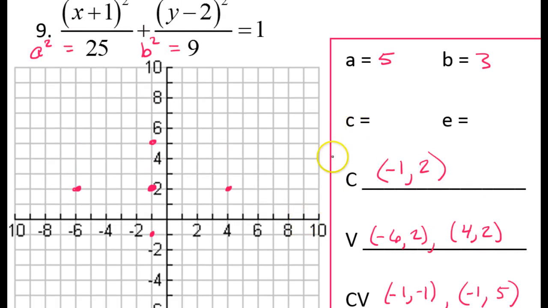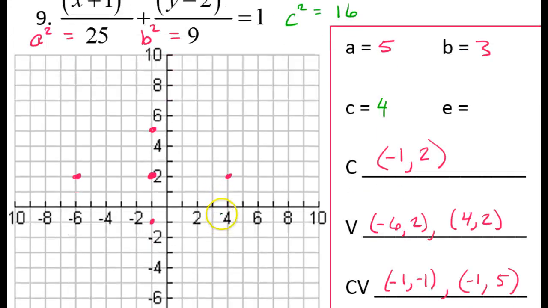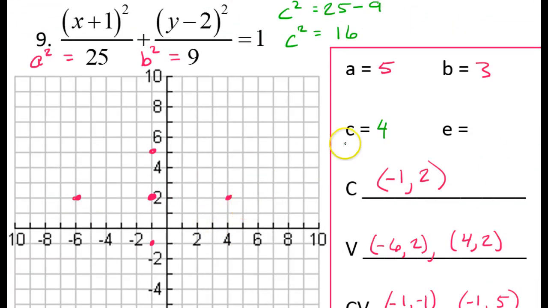Next, I need to find the c value, so I can locate my foci. We know that c squared is equal to a squared minus b squared. So c squared is going to equal 25 minus 9. So c squared is equal to 16, which means that c is 4. Okay, look for the vertices.